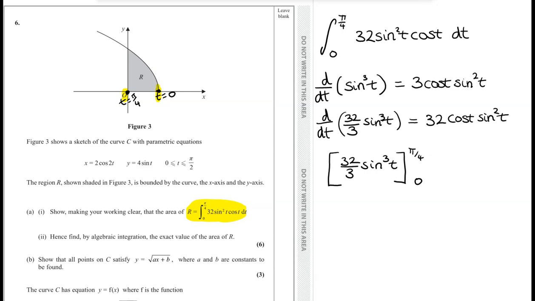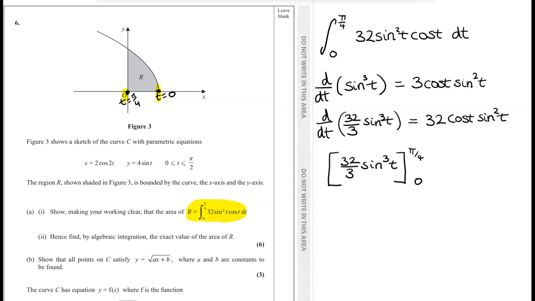But try and get in the habit of, if you see sine squared times cos, or sine or cos to any power with just a single sine or cos next to it, try a higher power of sine or cos just by doing differentiation, and you'll find that's really quick. And again, the more you practice, the more you'll just see that.